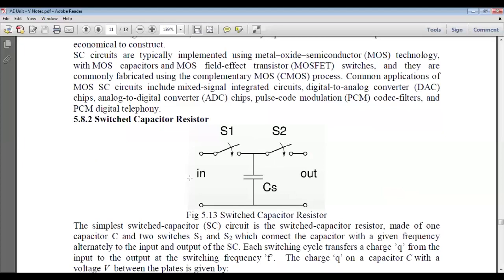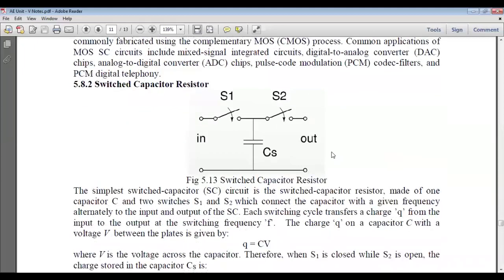Input voltage is given, output voltage is taken here. A capacitor CS in combination with the switches S1 and S2 act as a switch capacitor resistor. This total circuit diagram acts as a resistor, that is why it is called switch capacitor resistor.